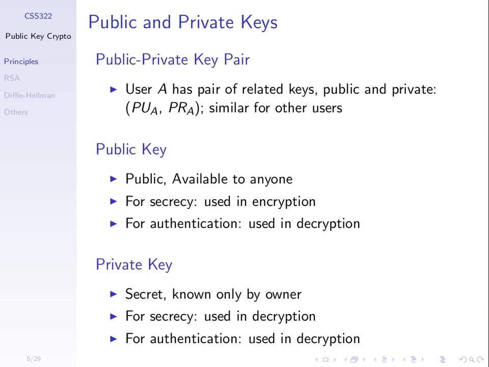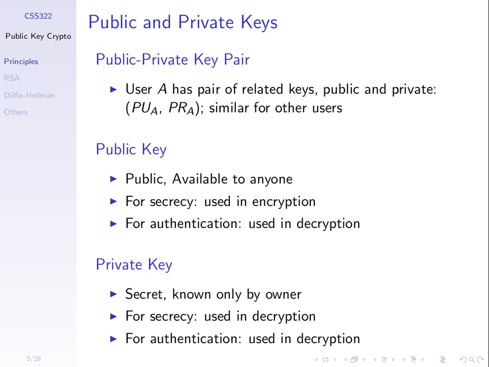And you think every user has their own key pair. The public key, as the name suggests, can be made public. You can tell everyone in the world what your public key is. It's not secret. And the private key should be kept secret. If you tell someone your private key, the system fails. It will not be secure.